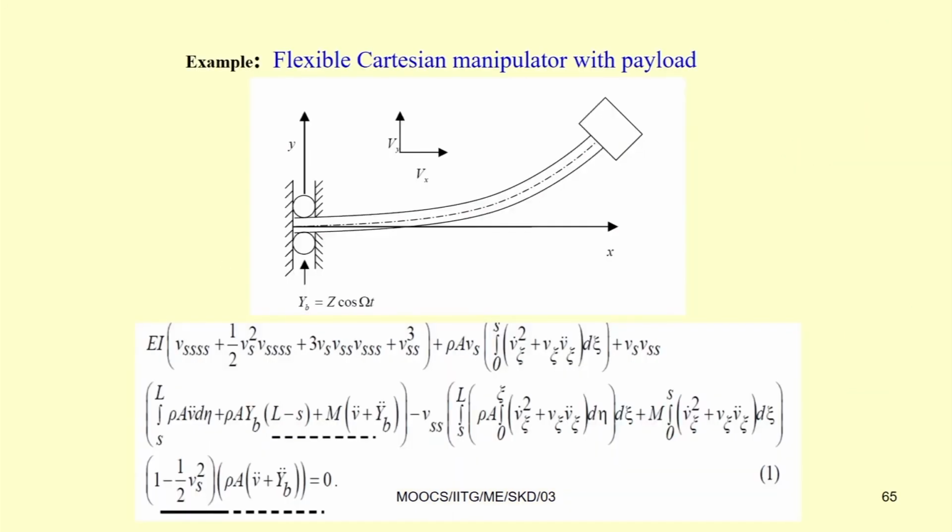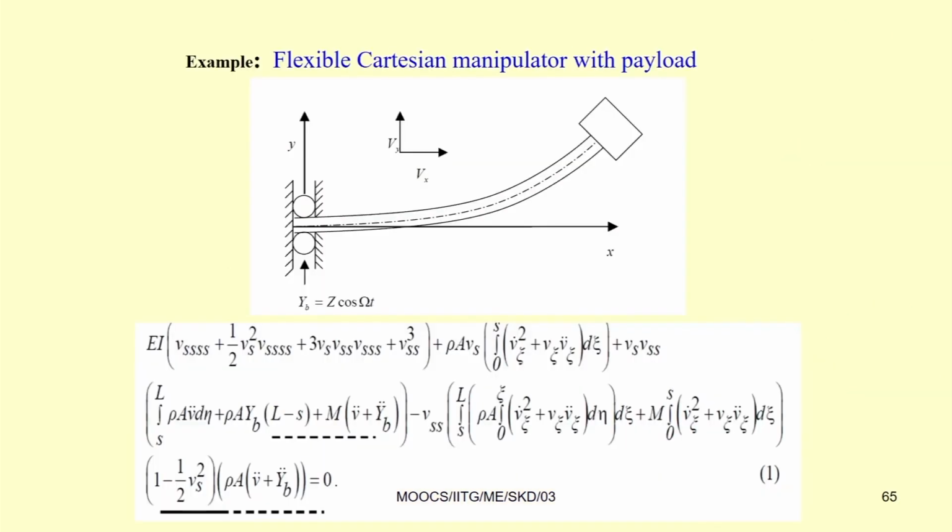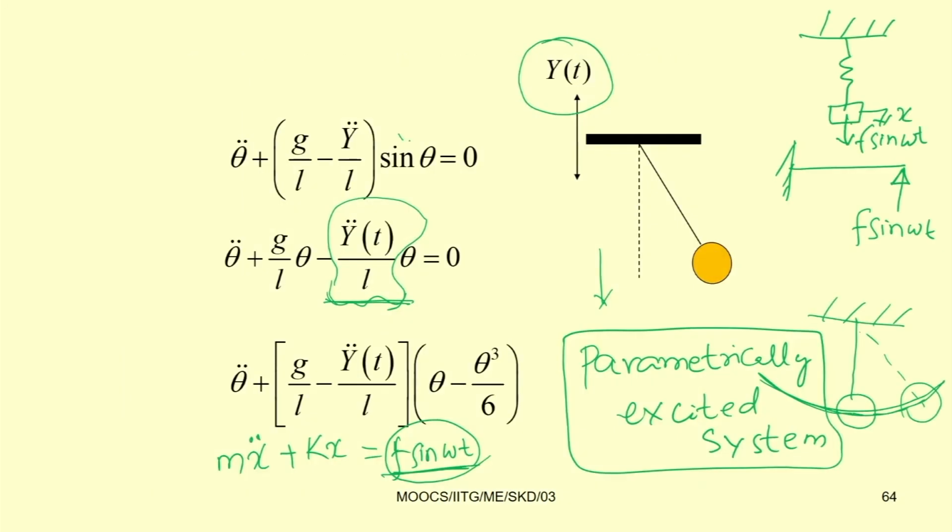So, a few more examples of nonlinear equations. This is a cantilever beam and here the base is excited. The system is similar to what you have seen in the previous case, where the platform is moving up and down, or the platform is excited. We will see later how the equation of motion comes about. In this case, the equation of motion will contain many nonlinear terms. In the previous case also, when we expand sin theta, we get a nonlinear equation.